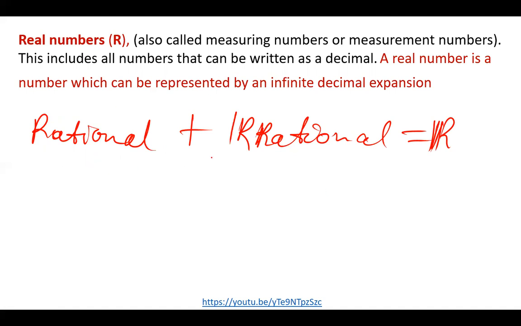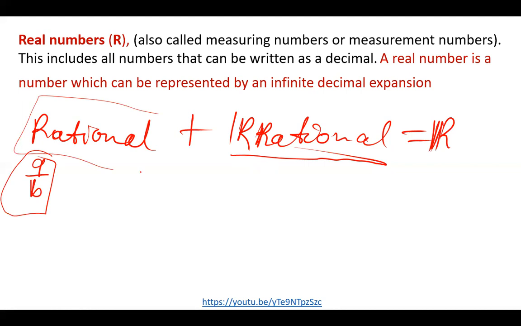It's also important to know what an irrational number is. We said a rational number can be expressed in the form A over B. An irrational number cannot be expressed in this form.